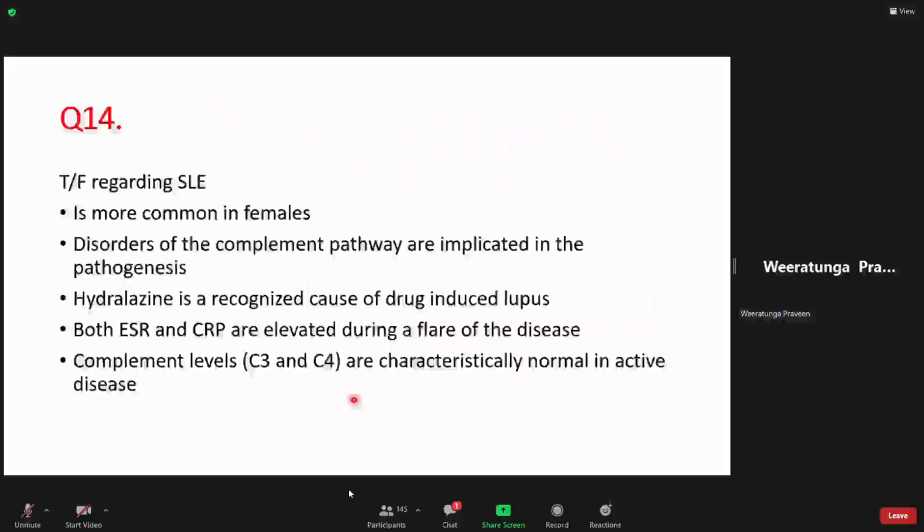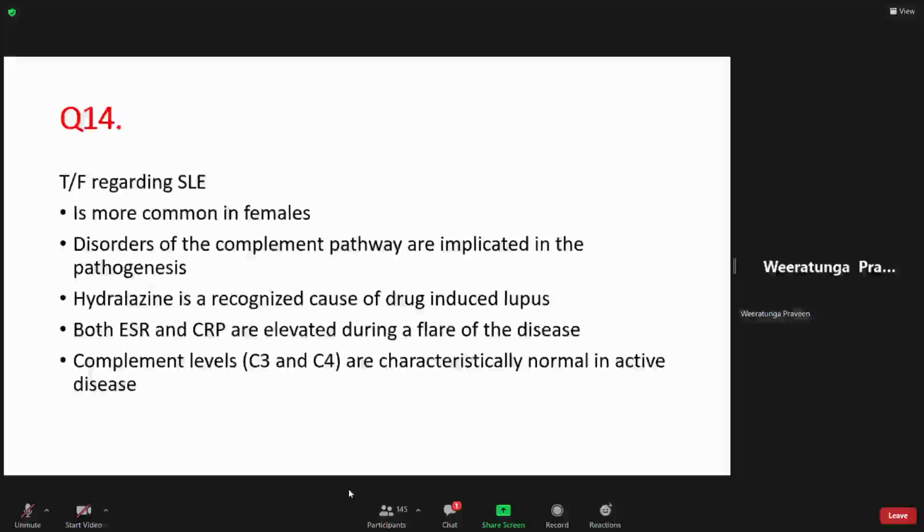Hydralazine as well as procainamide is known to cause drug-induced lupus. Right, OCP not very much. Theoretically it can, because pregnancy hormones can precipitate it, but I have not commonly seen that happen.